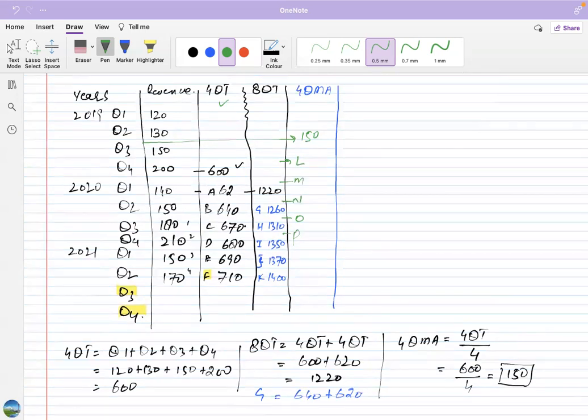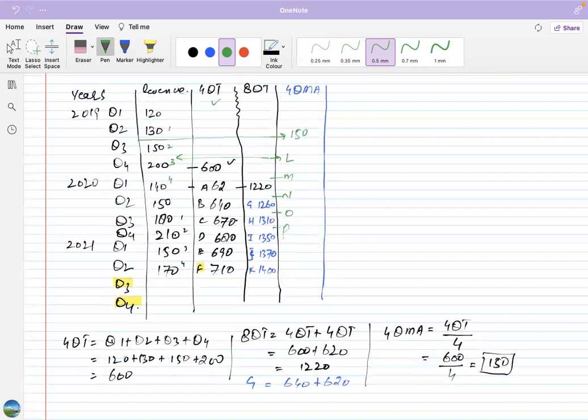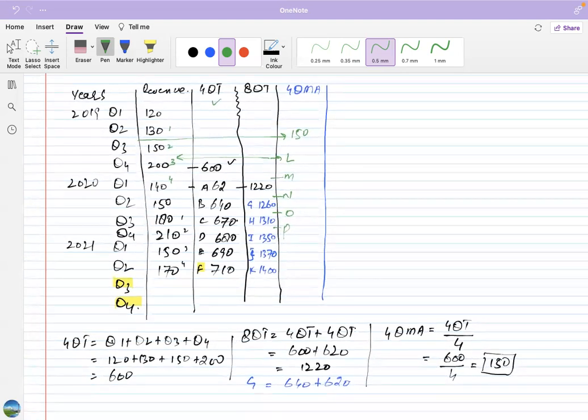So we'll have to identify what is the value number second for the L and what is the value number third for the L, because it will always be written in between. And then we'll come to know that this is the fourth value and this is the first value. We can add those up and divide them by 4.